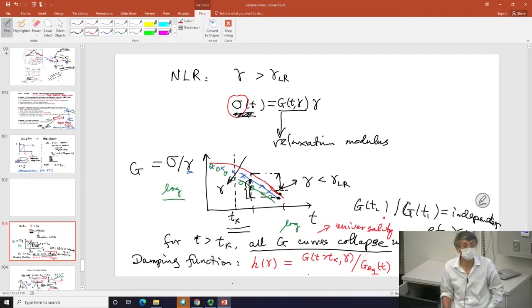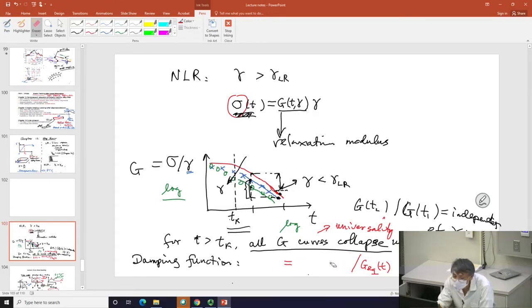So it's quite trivial. So basically, I'm going to introduce H, which is nothing but this vertical shift that I have to do for each of the curve, right?